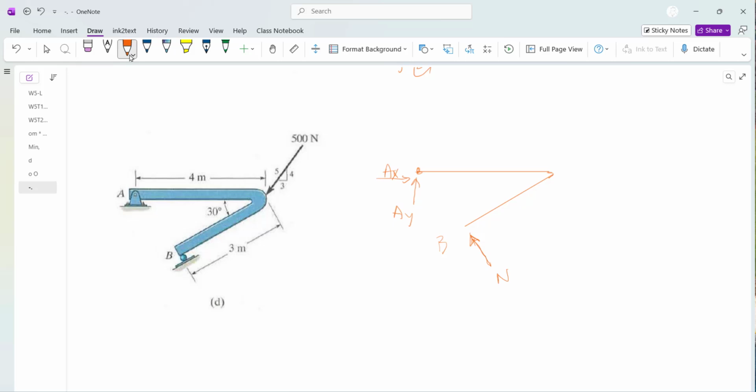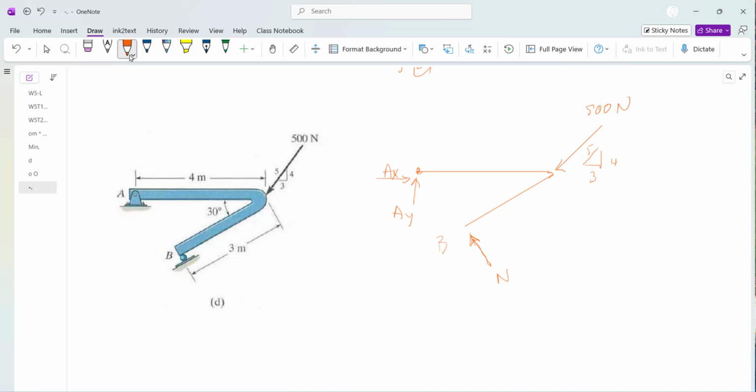What about the external force? So there is only one external force which is acting here. So this is exactly 500 Newton with the same direction. So the direction, instead of giving you the angle, you have been provided by a similar triangle resembling the direction of the force. That's 3, 4, 5, and that is all you need.